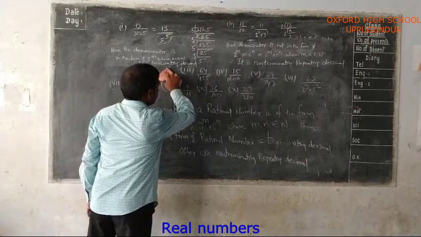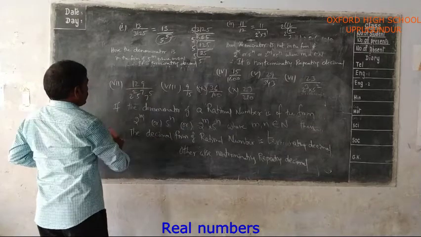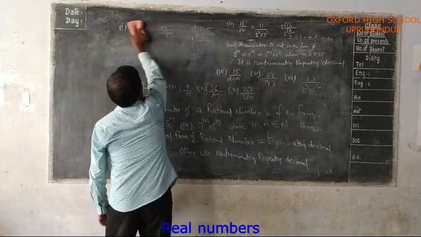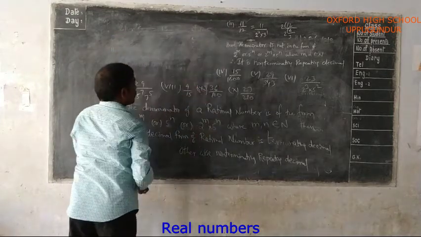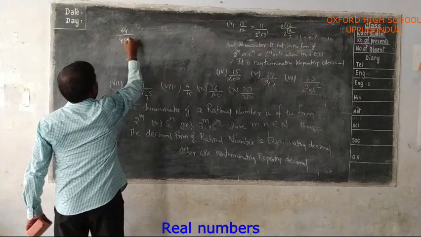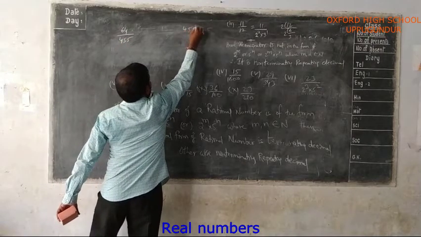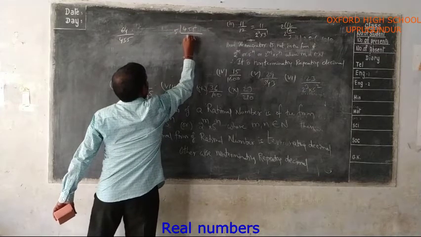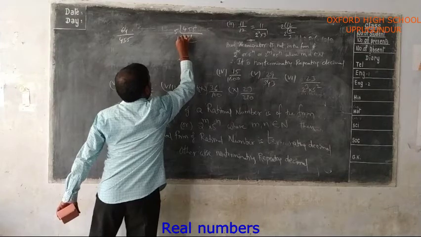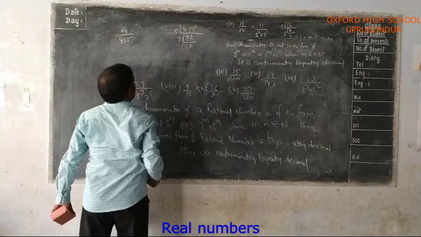Next, the third one, 64 by 455. Now prime factorization of 455: 5 nineteens are 95, 5 ones are 5. 7 ones are 7, 7 thirteens are 91.